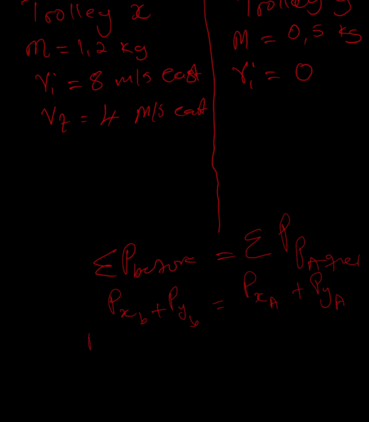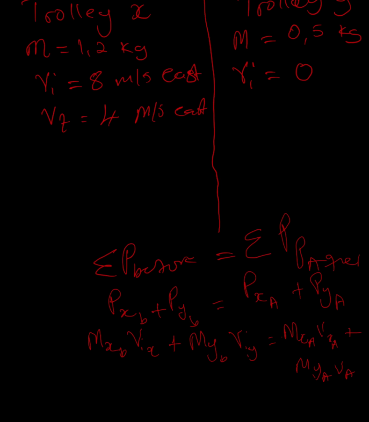For trolley X, it will be the mass of trolley X before, and then the initial velocity of trolley X, plus the mass of trolley Y before, as well as the initial velocity of trolley Y before the collision. This is equals to the mass of X after the collision, the velocity of X after the collision, plus the mass of Y after the collision, as well as the velocity of Y after the collision.